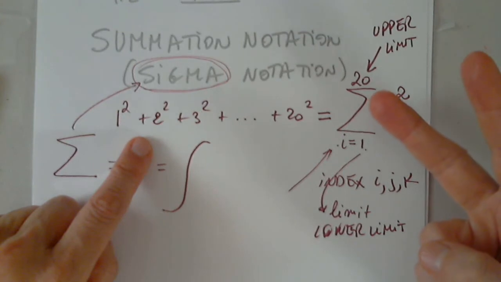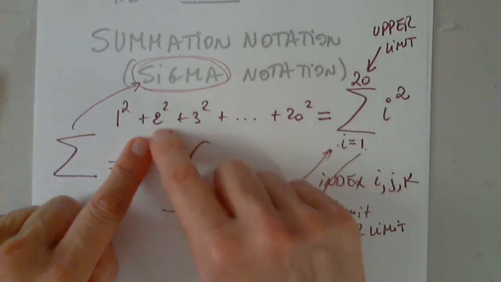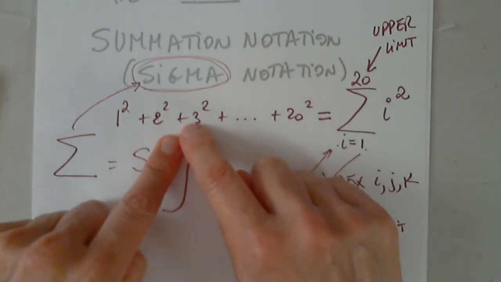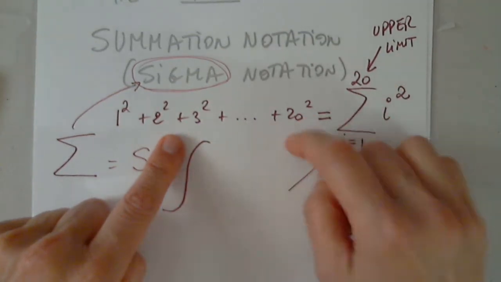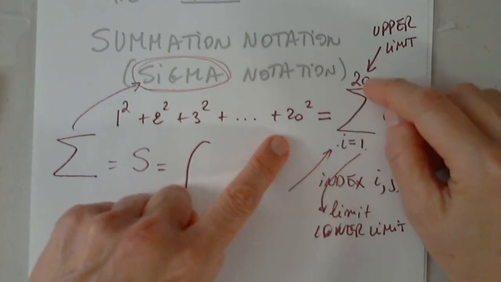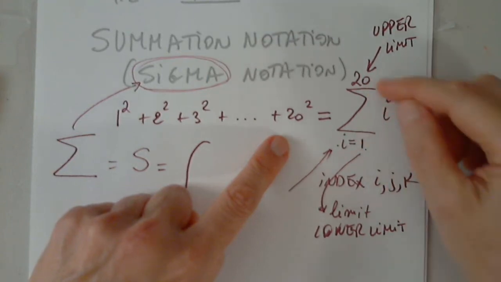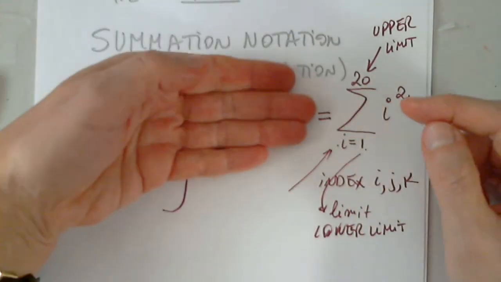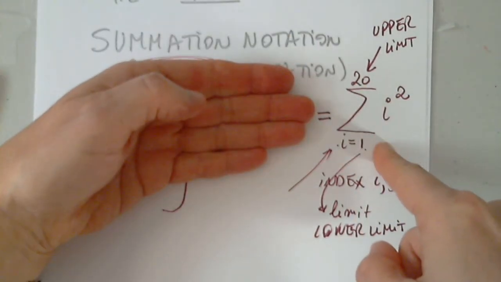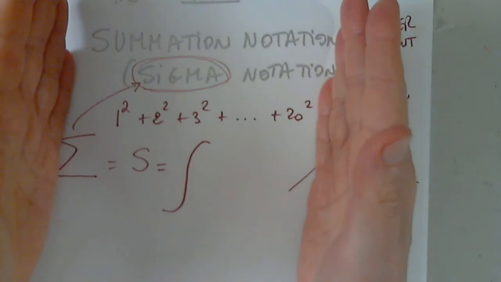I go on to I equals 2, 2 squared. The sum again says plus. I go on to I equals 3, and so on. I finish with the last value for the index, which is the upper limit, 20 squared. We don't write it like this, but we write it like this. And we know what it means.